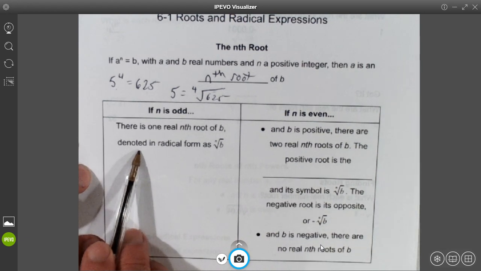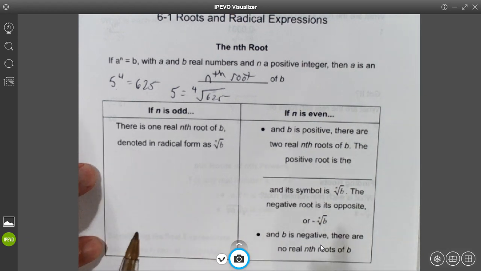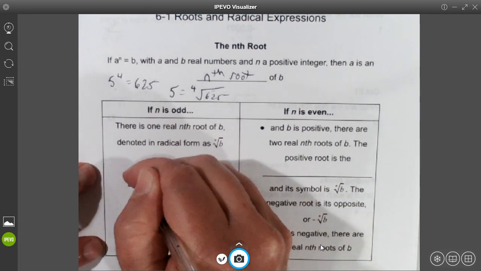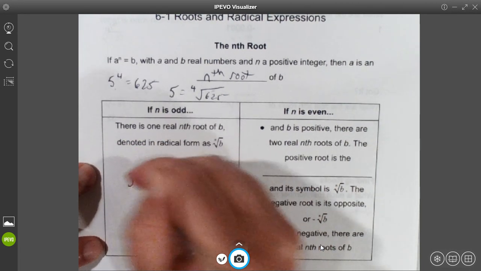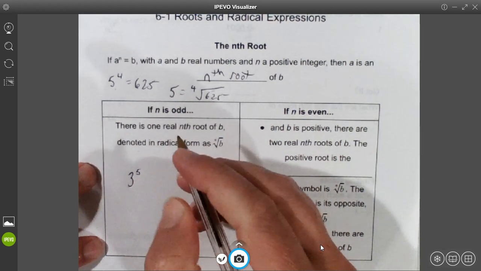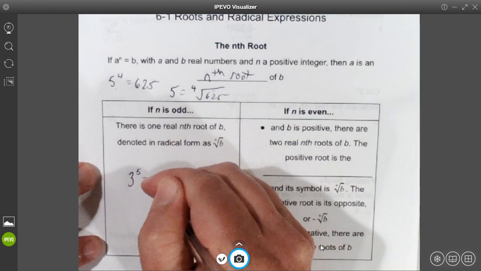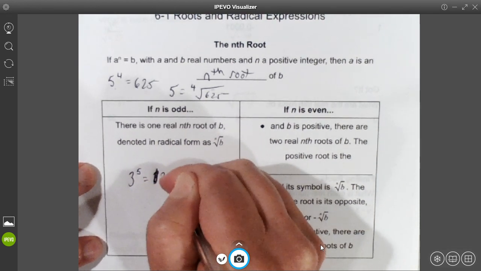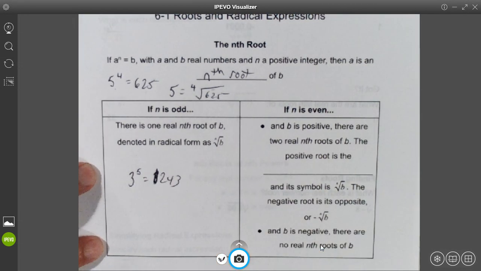So if n is odd, let's do an odd one. We'll make the base 3, and let's make n 5 here. We want n to be odd, and 3 to the fifth power, I think, is 243. 3 times 3 times 3 times 3 times 3. Check me out on that, but I think I'm right.